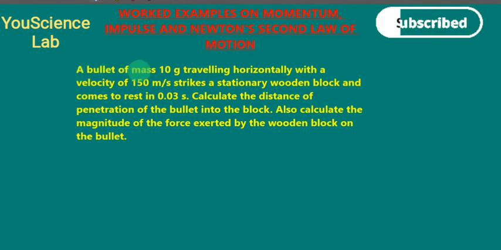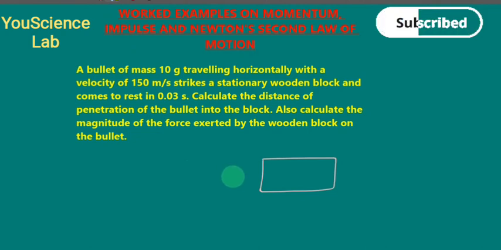A bullet of mass 10 grams traveling horizontally with a velocity of 150 meters per second strikes a stationary wooden block and comes to rest in 0.03 seconds. Calculate the distance of the penetration of the bullet into the block. Also calculate the magnitude of the force exerted by the wooden block on the bullet. First of all, let me illustrate by drawing the wooden block.